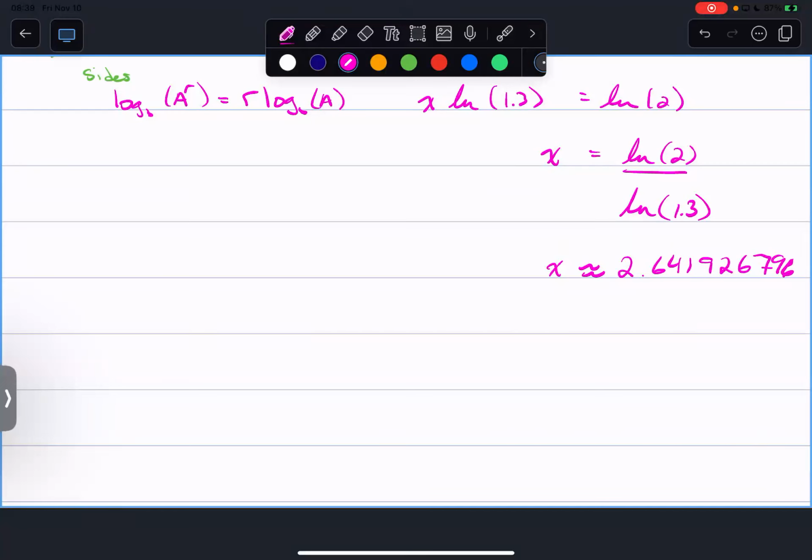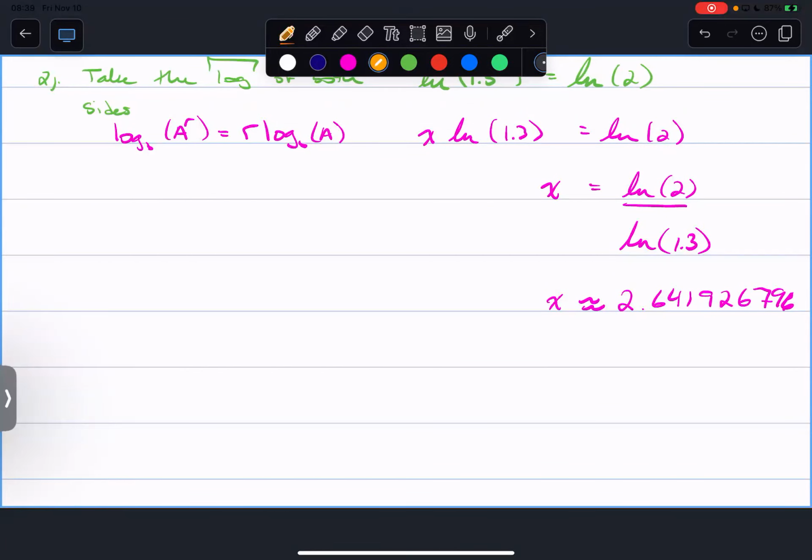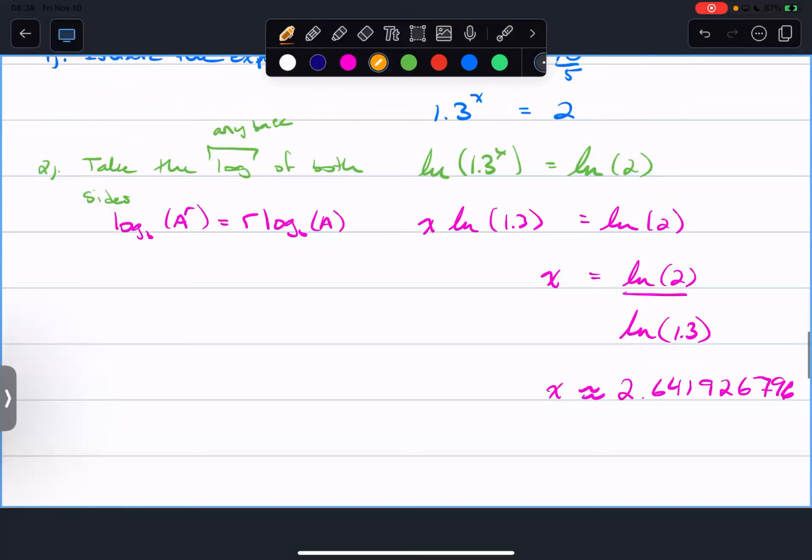Let's see here. The log base 1.3 of 1.3 is 1. So we could have used the log base 1.3 of 1.3 to the power of x is log base 1.3 of 2.